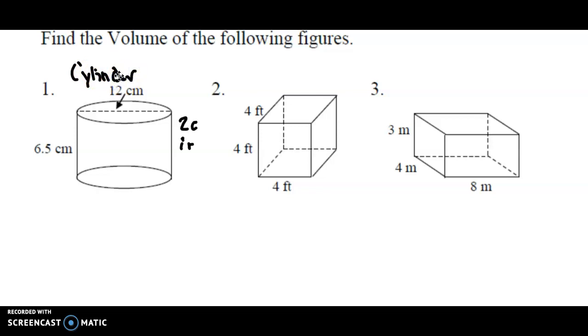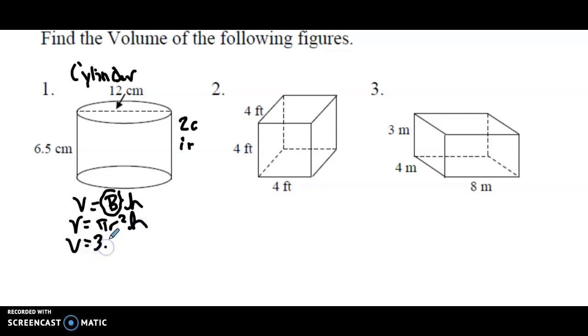All right, to find the volume, the formula is V equals capital B times that cursive H. Your first step is to replace this capital B with the formula for that base. Our base is a circle, because again we have 2 of those. The formula for area of a circle, if you look at your formula sheet, is pi r squared. And then this h will be the distance between the circles. We're going to substitute our values.